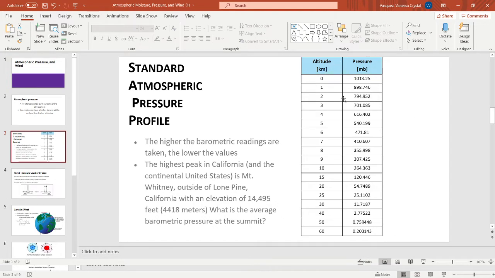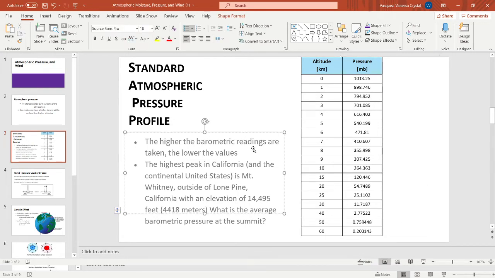This is taken from your lab manual. We have altitude in one column and pressure in the other. These pressure readings were taken by an instrument called a barometer, and this is showing you that at 0 kilometers, at ground level, the pressure is 1013.25, which is a high pressure system, compared to at 60 kilometers, which could be at the top of a mountain, where the pressure drops significantly to 0.203143.